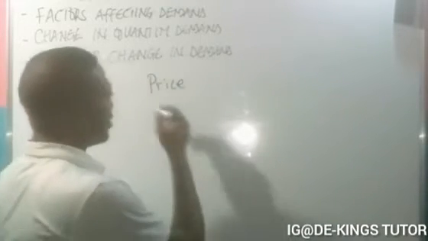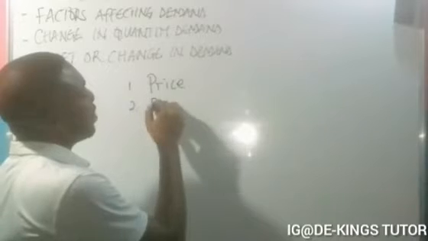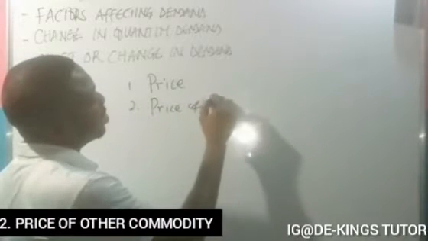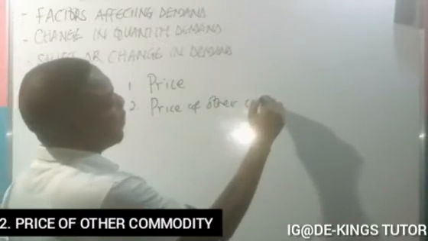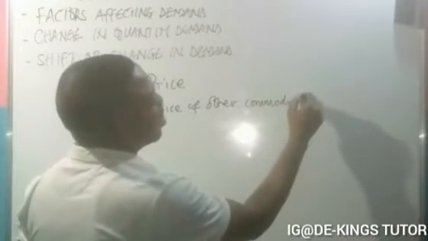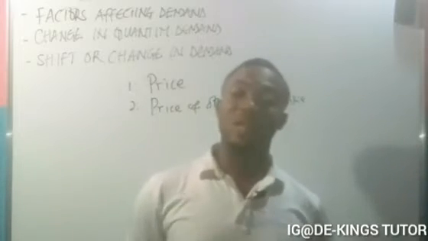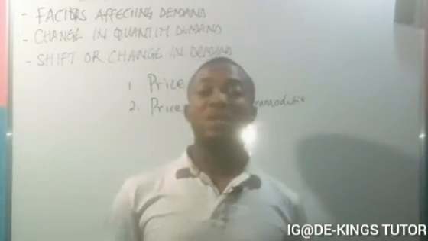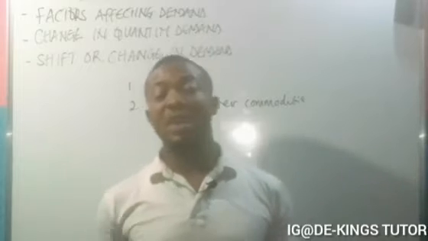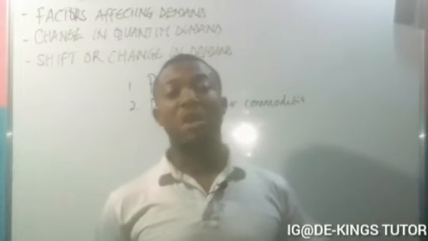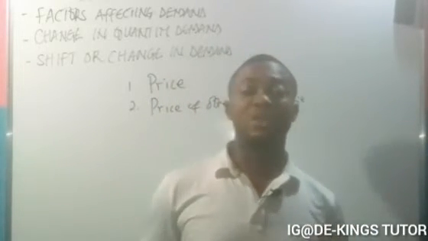Another one is the price of other commodities. Price of other commodities is another factor that affects an individual's demand. If you have not seen the previous video, I advise you to watch that before this. I'll drop the link above or in my description.